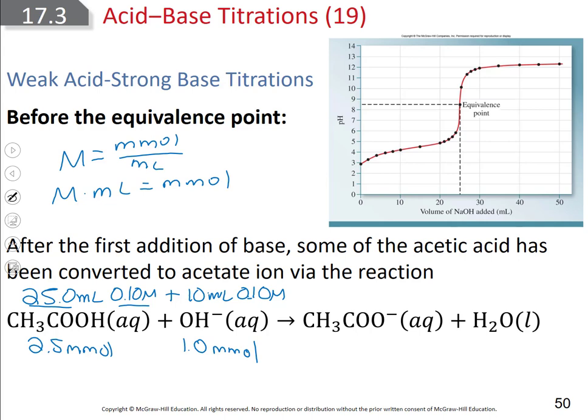So hydroxide is going to go to 0 millimoles, which means it's going to change by how much? Minus 1 millimole, which means the acetic acid is also going to decrease by the same amount because the stoichiometry is 1 to 1. And we will be left with how many millimoles?